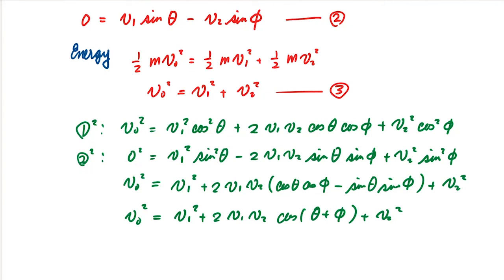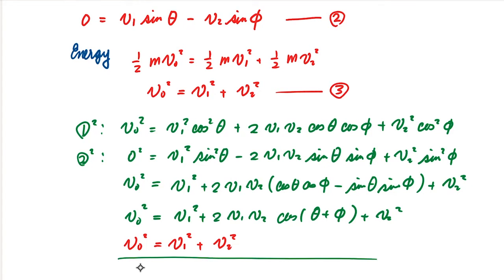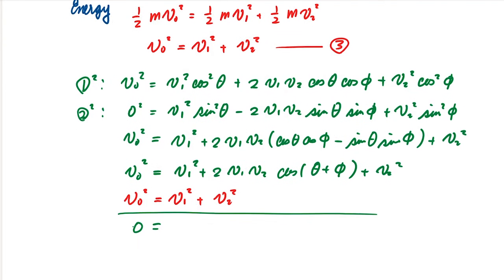Now I'm going to write equation 3 down here. This is equation 3. Then guess what I'm going to do now? I'm going to subtract vertically. If I subtract vertically, then this side becomes 0.